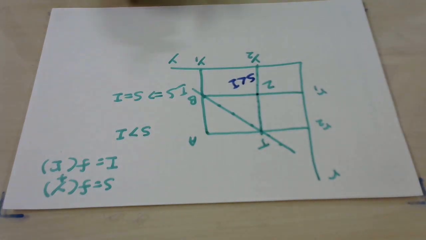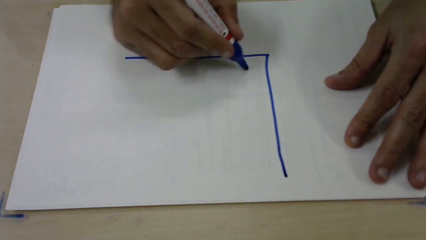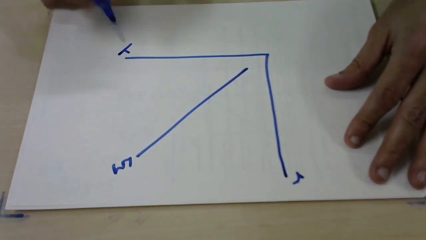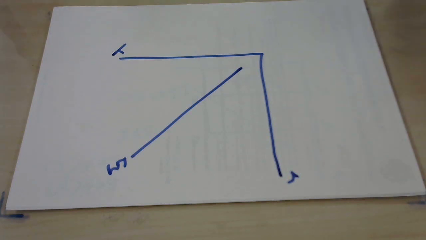Now consider a point which is on the LM curve. The points on the LM curve are so derived that at each point money demand is equal to money supply. So my LM curve was looking like this, where R is on one axis and GDP Y on the other.